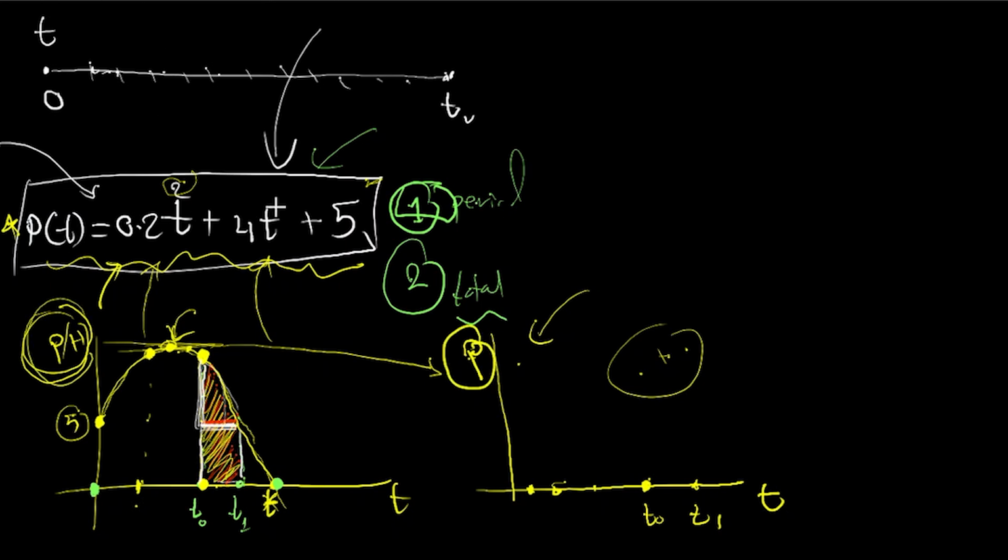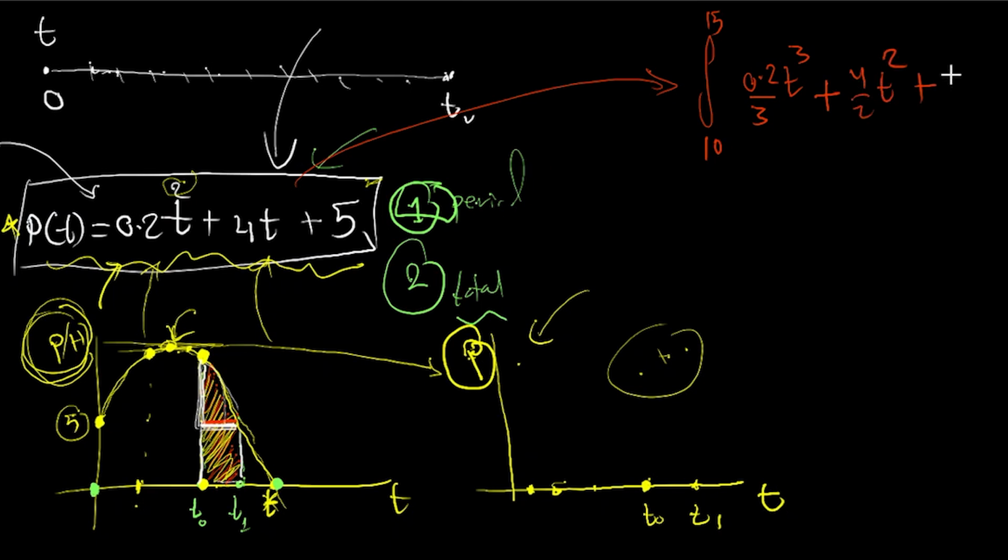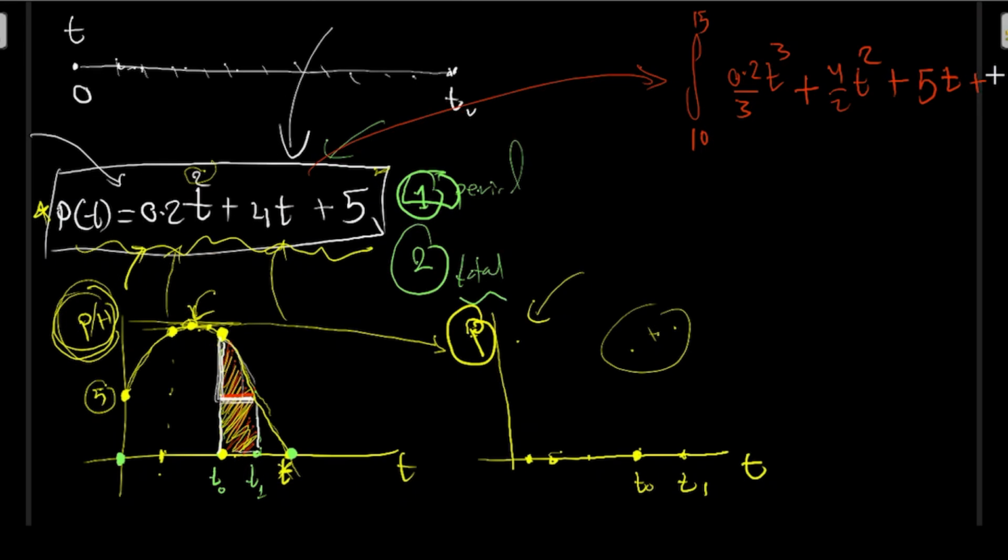So to get the integral of this function from 10 to 15, 2 by 3 plus 4 over 2 t squared plus 5t plus some constant value. So this is the actual integral. We started from this. If you integrate this, it will be 1 power plus. If you derive this, it will be 1 power lower.